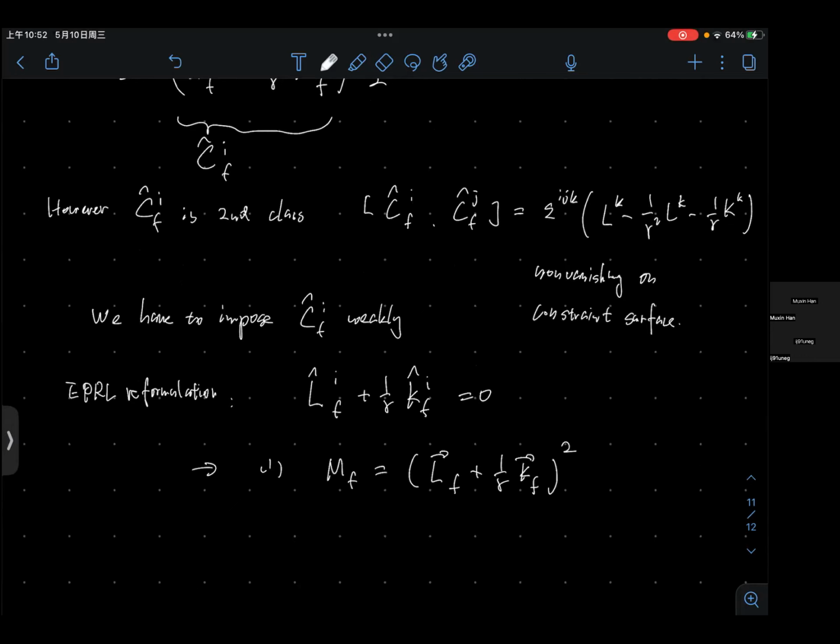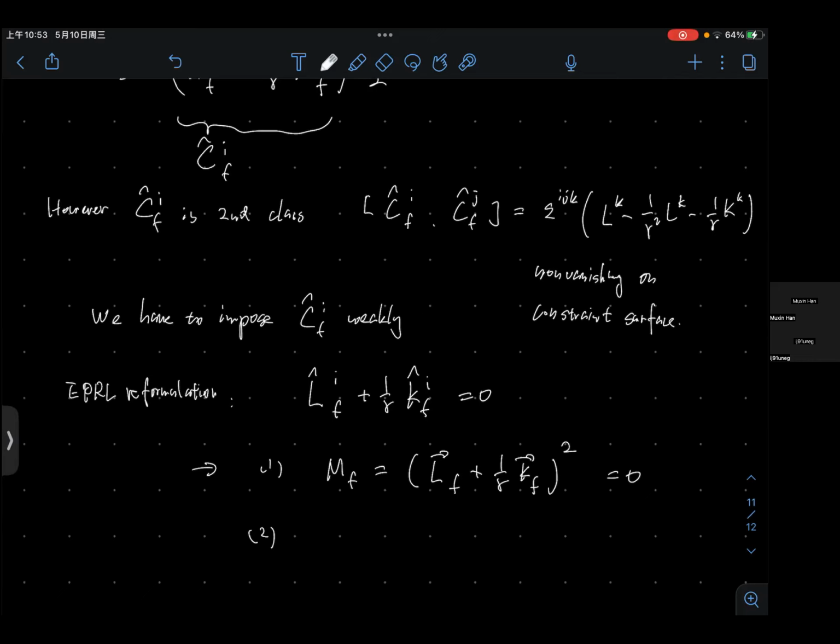Classically you see this master constraint is already equivalent to the simplicity constraint because this is just a positive quadratic form. And I think you all know what a master constraint is. Classically, this is just the square of the simplicity constraint, and the square of the simplicity constraint vanishing implies the simplicity constraint vanishing. So classically, this master constraint is already equivalent to the linear simplicity constraint.